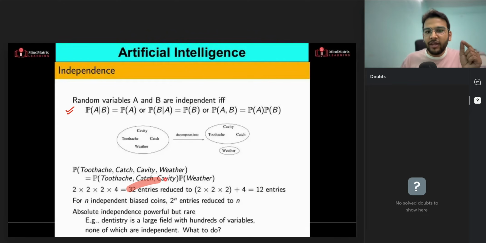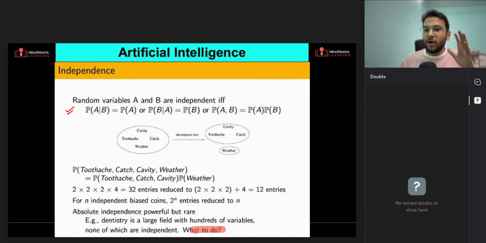You can see how significantly you have reduced the number of entries. But it is rare, because the majority of random variables will not be independent. Dentistry, the example we are considering, is a large field with hundreds of variables. Is it so that most of the variables are independent? No. So if none of them are independent, then what to do?